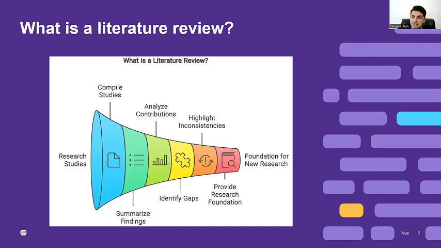So the first step is that you identify, select those papers, then you compile those papers, you arrange them in a certain way, and then you summarize the findings of those papers. You look into the contributions that have been made by those papers. Based on that, you identify gaps, then you look at inconsistencies, and that eventually forms the foundation for new research.